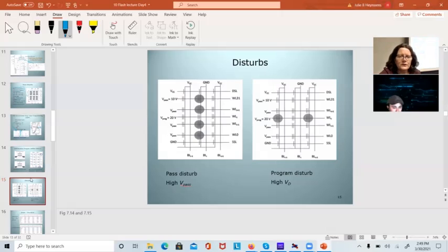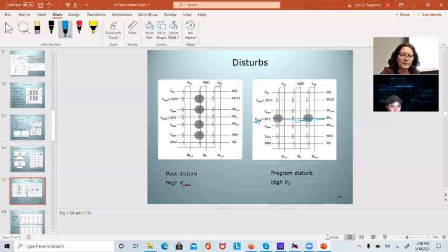Okay, so two different kinds of disturbs. Programming disturbs are going to happen along the same word line that I'm programming, because I'm putting the high voltage on every cell in that word line.